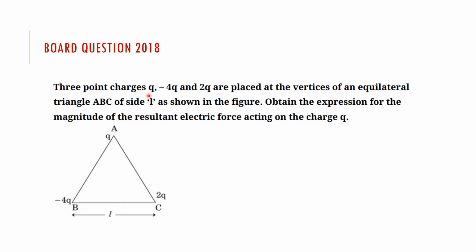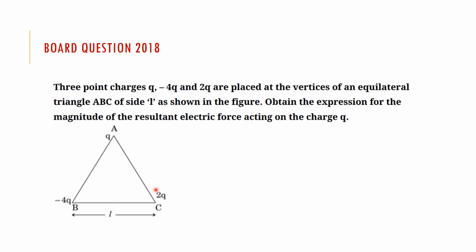Now just understand this question. So Q is here, minus 4Q is here and 2Q is here. You are asked to find out the resultant force acting on this Q. So each force direction you have to mark first. Force on Q will be due to minus 4Q and due to plus 2Q.